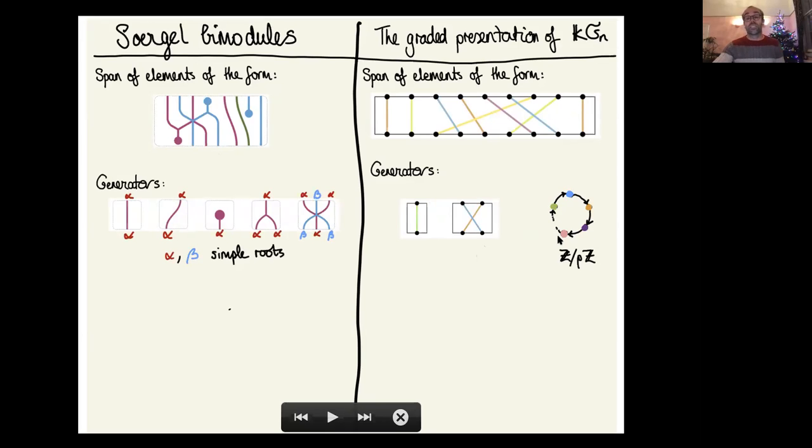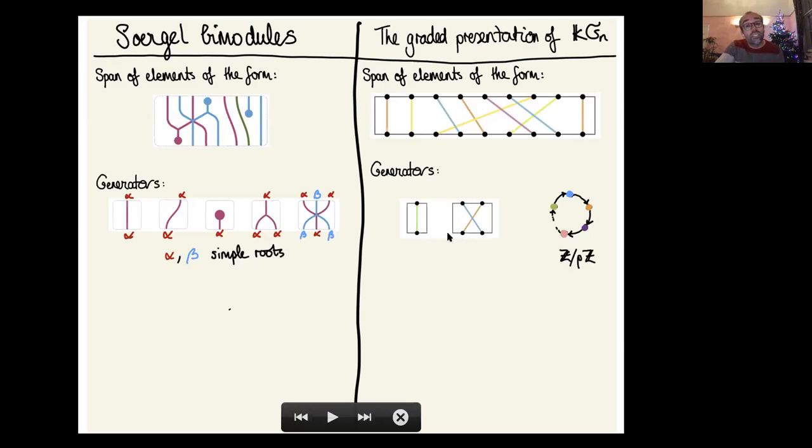So this little cycle here going around is the fact that p is 5 here. p can be bigger than 5. So all you need to do is draw all the transpositions, but using these different colors. So there are more generators now for the symmetric group because you've colored them.